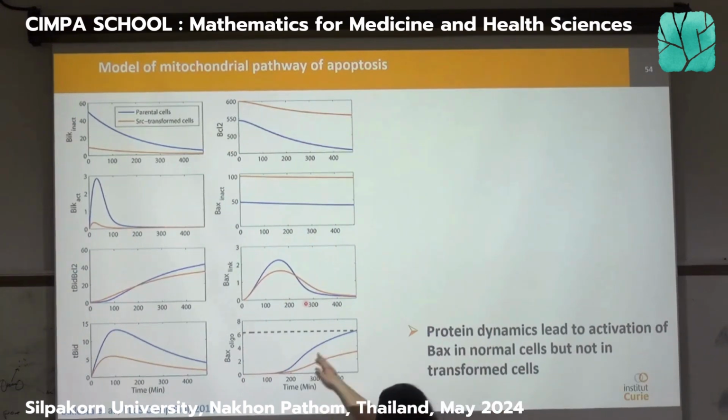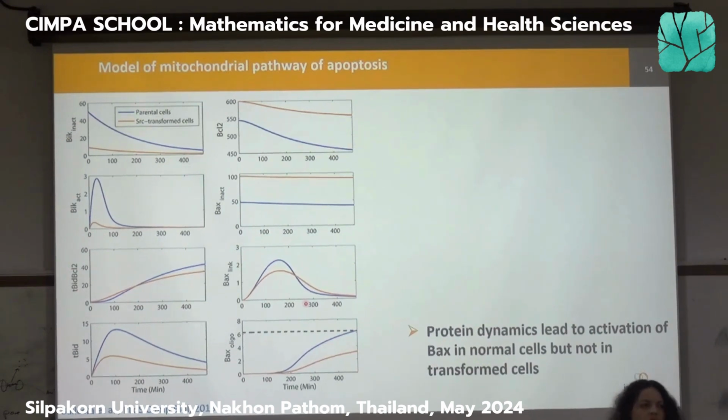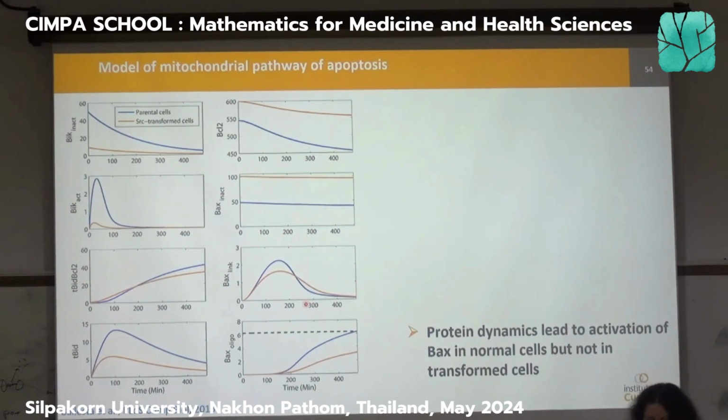As you can see, for the normal cells, the VAX oligo amount will go over the threshold, and we will have some cell death. On the opposite, for the cancer cells, you are below the threshold, and you have almost no death. So this is nice because we can use the model for a mechanistic explanation of why there is a resistance.